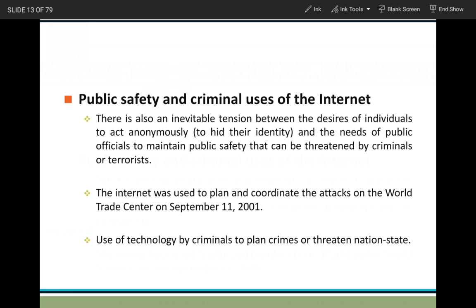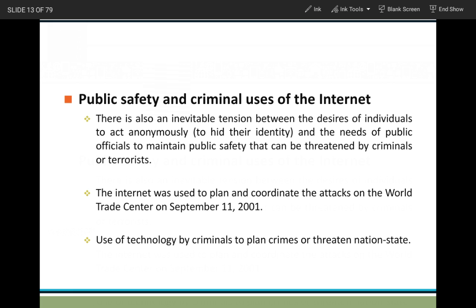The positivity of the internet and of social media is now getting lost, because people with criminal intent are mostly enjoying the negative side. They are exploiting the other side of the internet and social media. So we have the use of technology by criminals to plan or threaten nationwide.